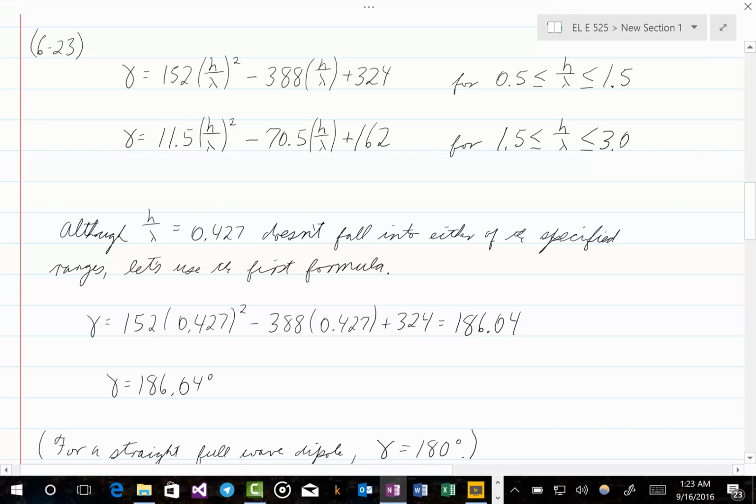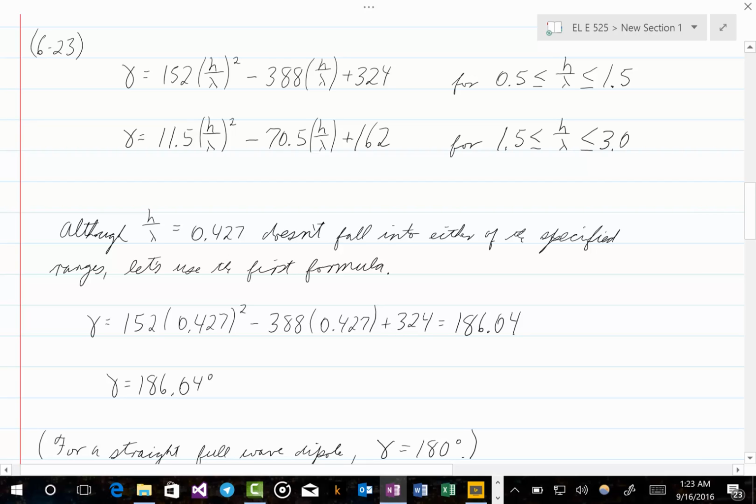And so let's just proceed. Gamma is equal to 152 times 0.427 squared minus 388 times 0.427 to the first power plus 324. And if you calculate that, you get 186.04. And again, this is supposed to give you gamma in degrees.